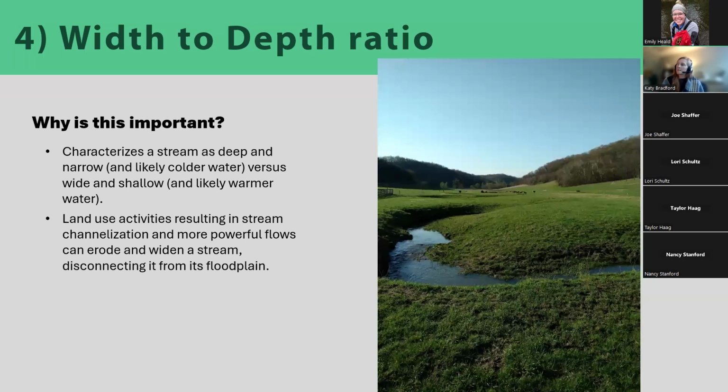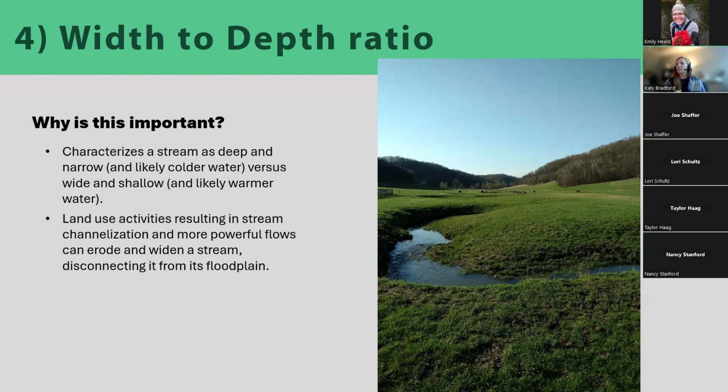Okay, width to depth ratio. Why is this important? For this parameter, we are characterizing the stream as more of a deep, narrow stream and likely colder water because it's deep, versus a wide, shallow stream, which is likely going to be warmer.